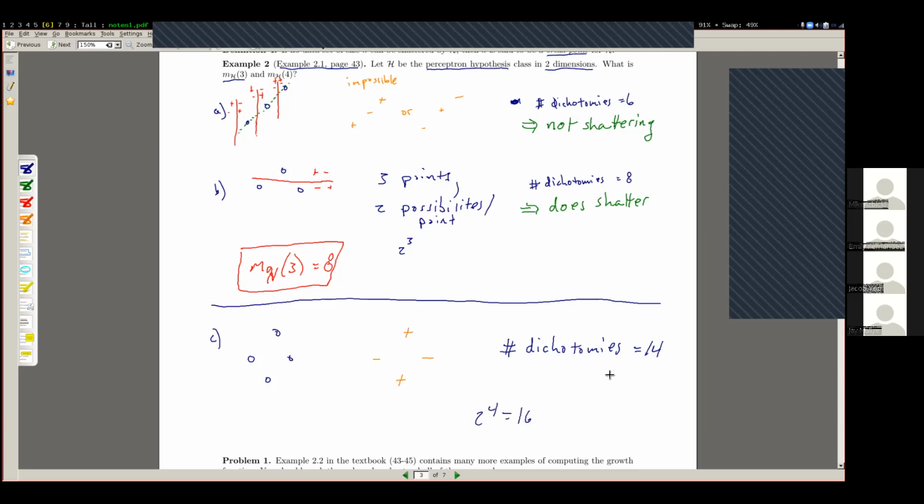That's strictly less than 16, and so this number of dichotomies, also the m_H of 4, the growth function value, means this is not shattering. We can't shatter this data set or any other data set.